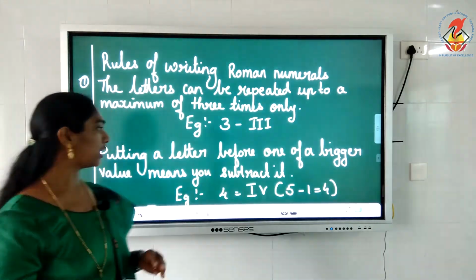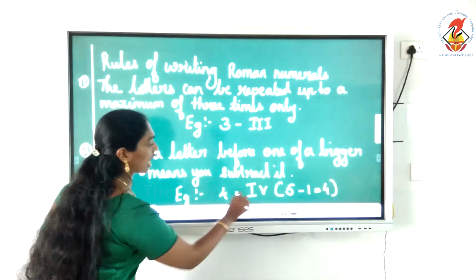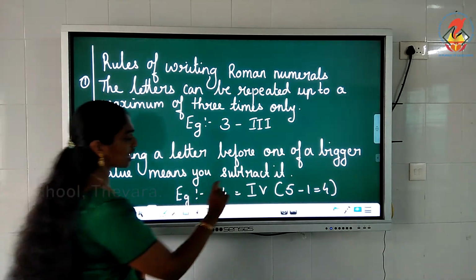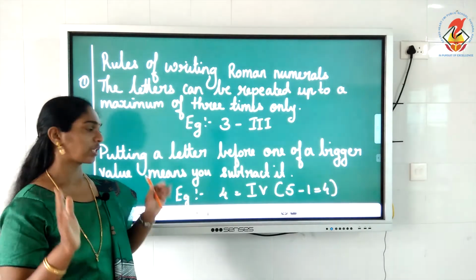Understood? Now, next rule. Putting a letter before one of a bigger value means you subtract it. See, children, we know the letter I is 1 and the letter V is 5. So which one is big over here? 5 is big.